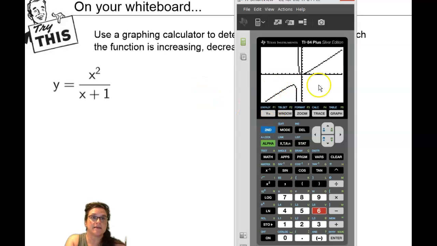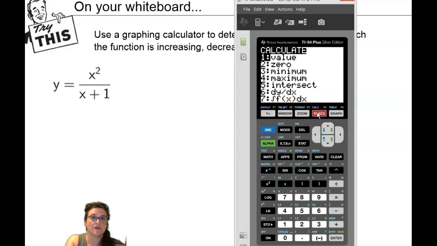And I can see as I read the graph from left to right that it is increasing. It starts out as an increasing function up until this relative maximum. But to know where that interval is, I'm going to need to use my second trace to open the calculate menu, and we're going to find the extrema.